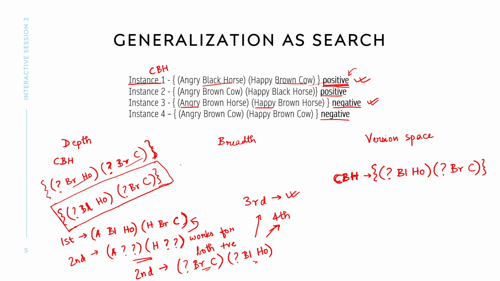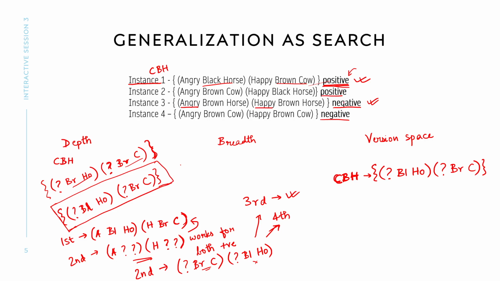You don't have to go back here, like it's not really going back. You can consider making your CBH more specific, so that your previous positive instances should be matching it, and your current negative example should not be matching it, and your previous negative examples also should not be matching it, right? So in this case I have it ordered like positive positive negative negative.